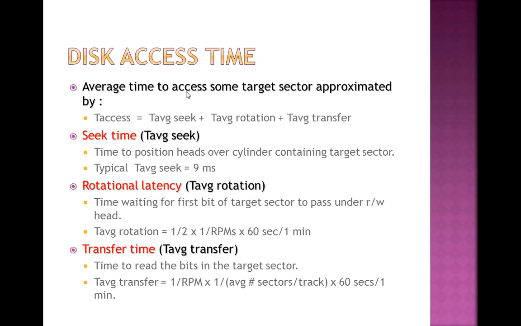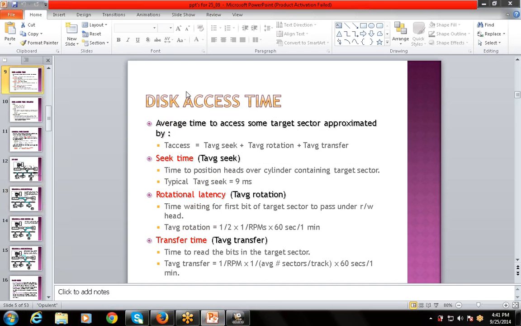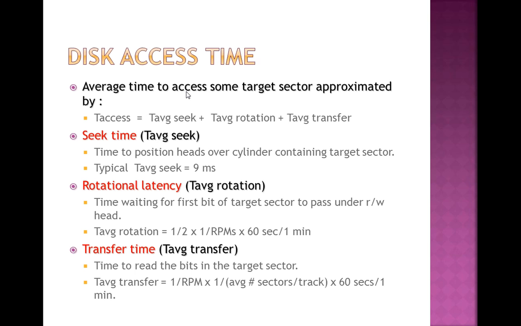Now, next is the disk access time. The average time taken to access the target sector is approximately calculated by the formula T access equals T average seek plus T average rotation plus T average transfer.